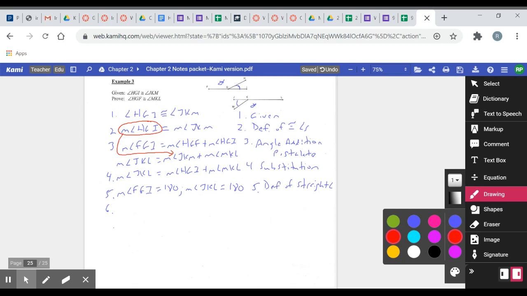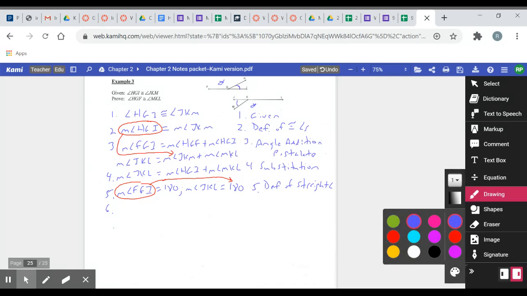So I can see that the measure of angle FGI, I can put it right there. It doesn't really matter which side I put it on. But again, if I know that FGI is equal to 180 and I know that JKL is equal to 180, then I know those two angles must be equal to each other.